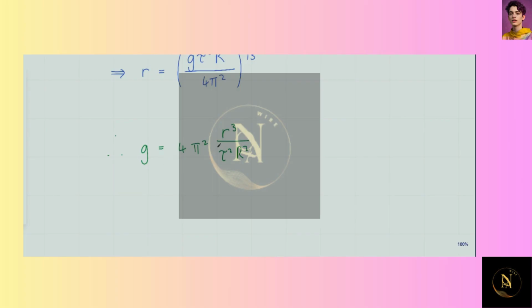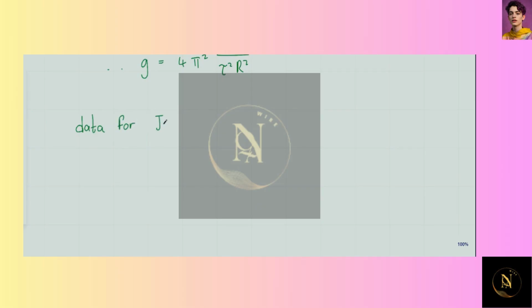What we'll do here is apply the data that we have for Jupiter and Europa. Jupiter is the planet and Europa is one of its moons. So what is the gravitational acceleration on Jupiter?